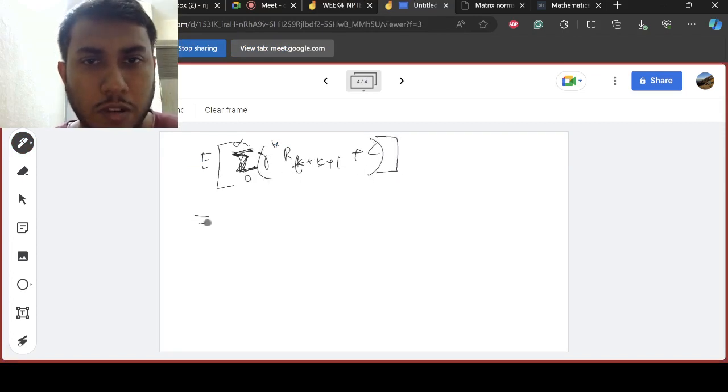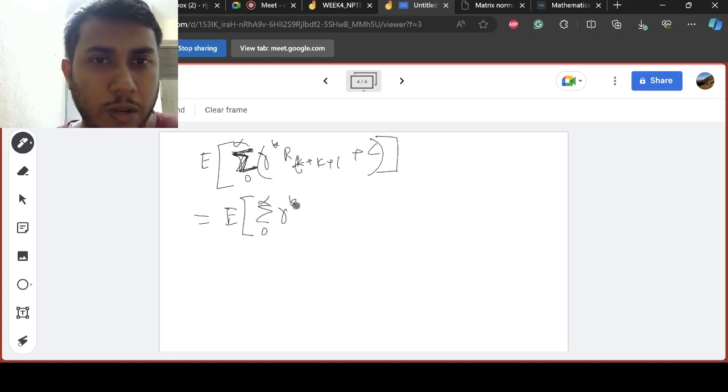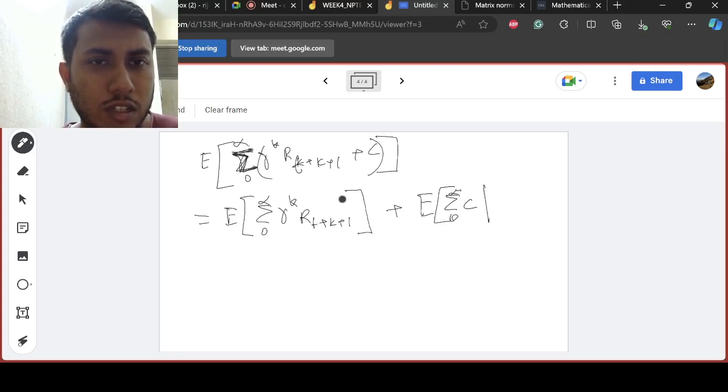Right, now we are using the linearity to do this. Summation 0 to infinity gamma to the power of k, r t plus k plus 1, plus expectation of summation 0 to infinity of c, given St equals s, this one will remain.